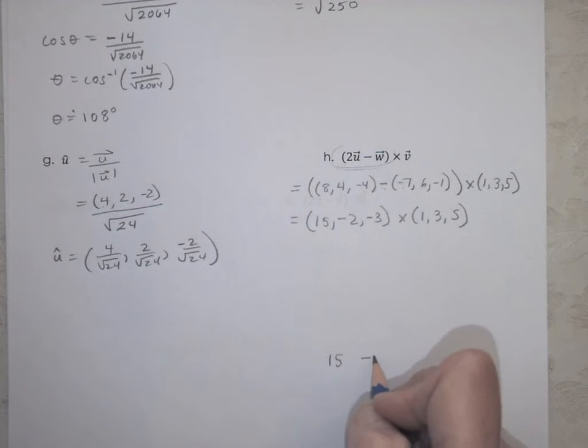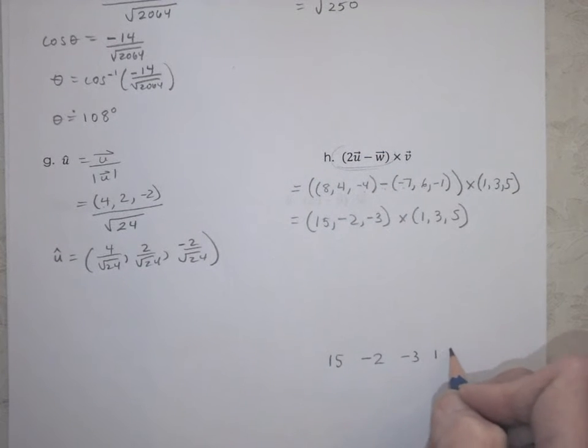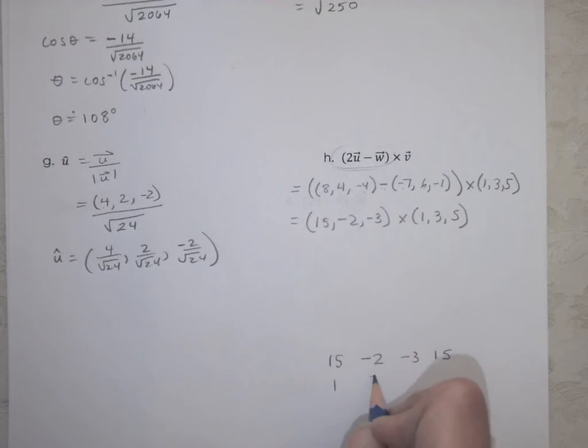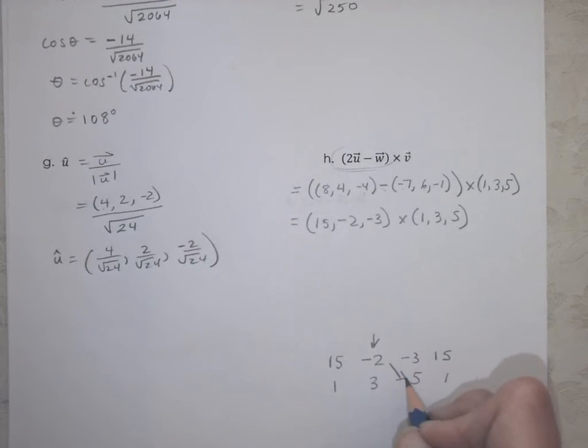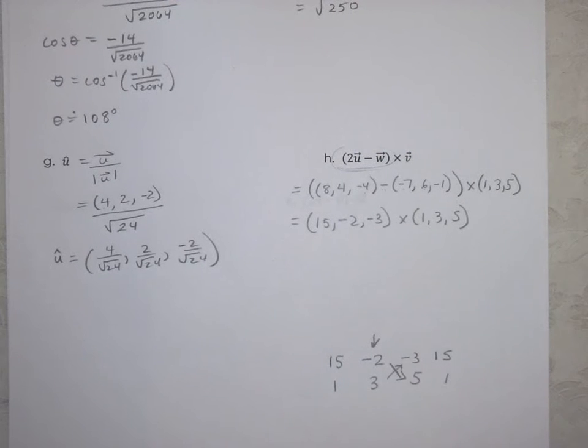So I'm going to write down here lower my shortcut thing here. So 15, negative 2, negative 3, repeat; 1, 3, 5, repeat the 1. Start here, downward product minus upward product.